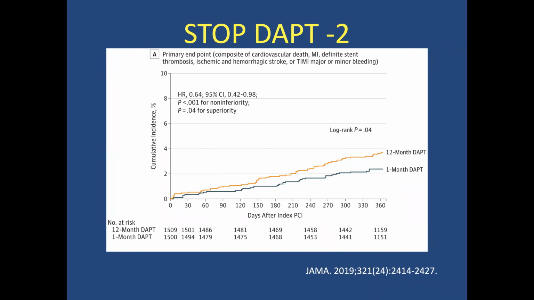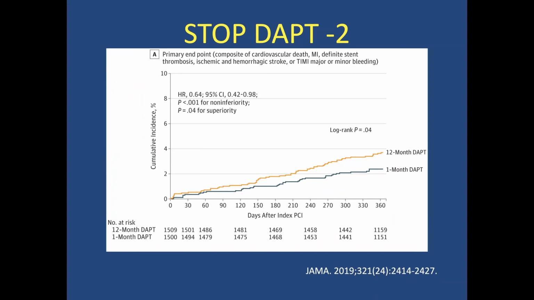So the next question that has come up is that in the setting of P2Y12 inhibitor use, especially ticagrelor or prasugrel, aspirin does not really add a lot of ischemic benefit in addition to those medications. And it does increase your risk of bleeding, because it does increase the rates of primarily GI bleeding.